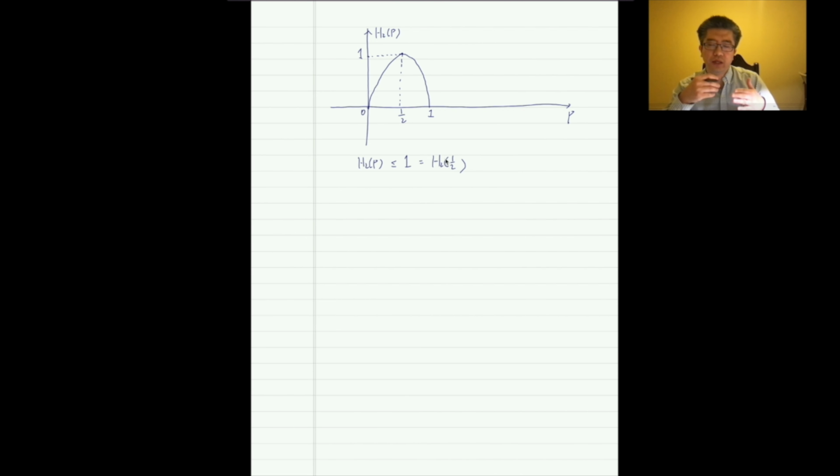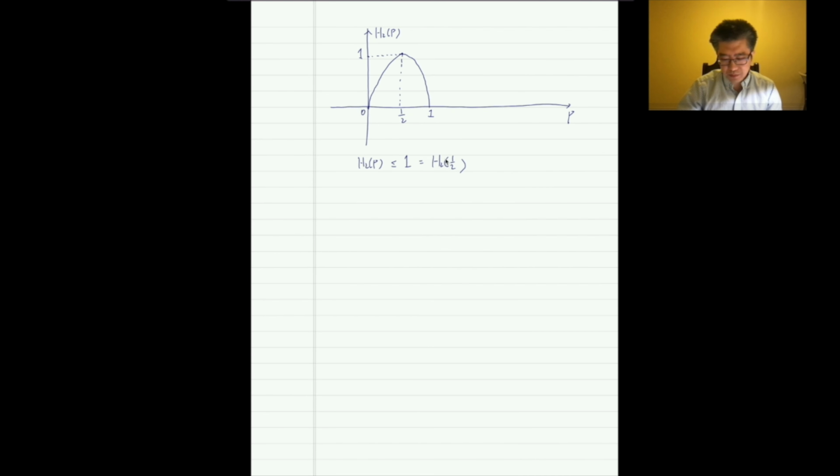So it means that the information is less, because we may have a good estimation. But if p is half, there's really no way to make a good estimation because the two events have equal probability. It's very uncertain.